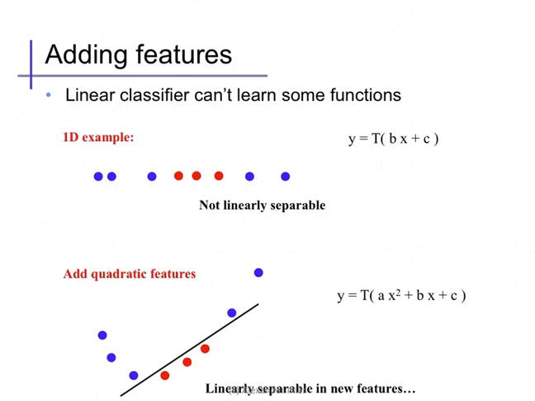Just as in linear regression, we can increase the power of our class of functions by artificially expanding its set of features, and hence the corresponding number of parameters. For example, the following data with a one-dimensional feature x is not linearly separable. There's no function of the form threshold on bx plus c that will correctly divide these data into red and blue.